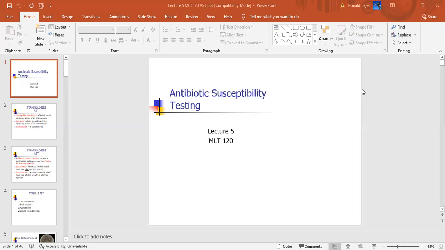What else is it about? What other information can the doctor get from the laboratory with the information like antibiotics? Identification? Okay.